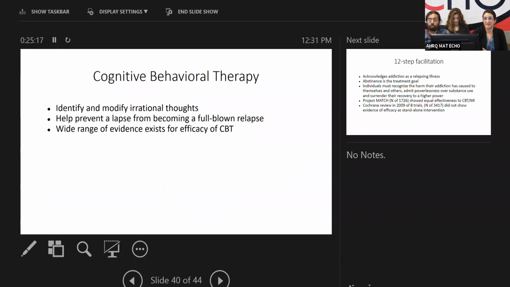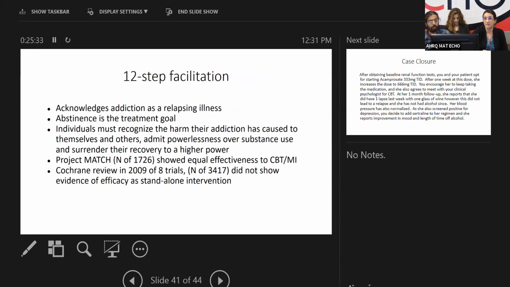CBT is working with patients to identify and modify thought processes that may lead to relapse. It helps prevent a lapse from becoming a full-blown relapse, and there is a wide range of evidence supporting its efficacy. 12-step facilitation has more of a goal of abstinence and involves individuals recognizing the harm of addiction, admitting their powerlessness over it, and typically involves recovery associated with a higher power.